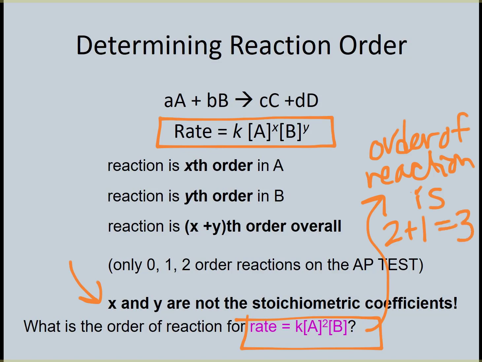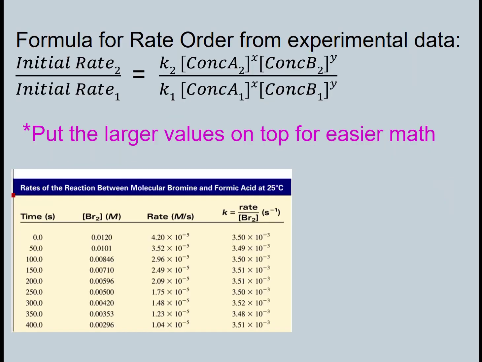A question like this could be asked, but if you had anything from a set of data points or from a graph, it would only be zero order, first order, or second order. So you would not have to find a third order because it gets really complicated. The formula for rate order from experimental data looks like this.